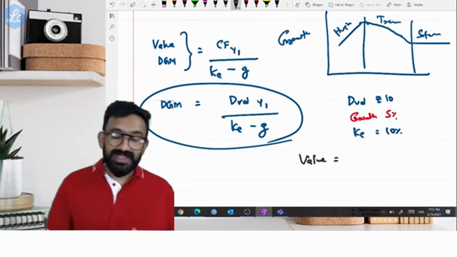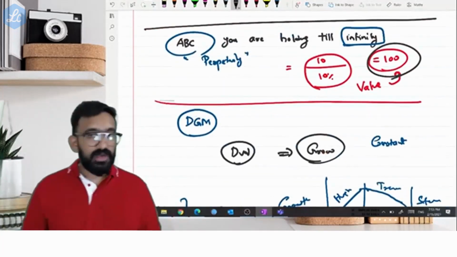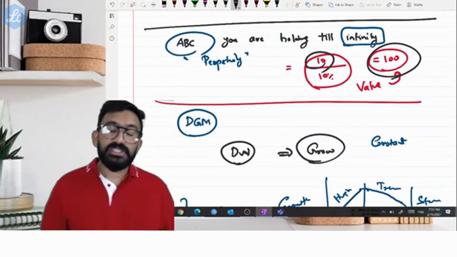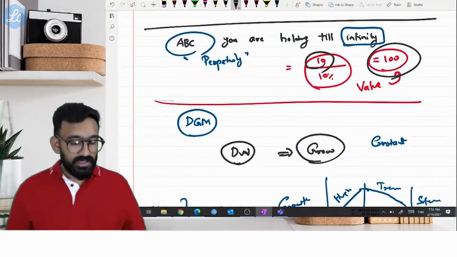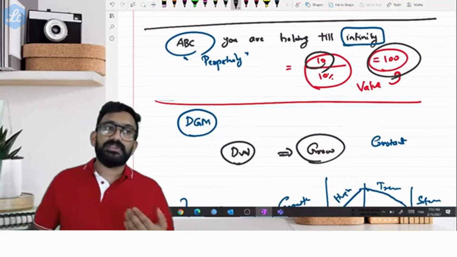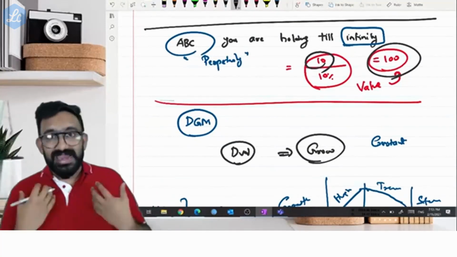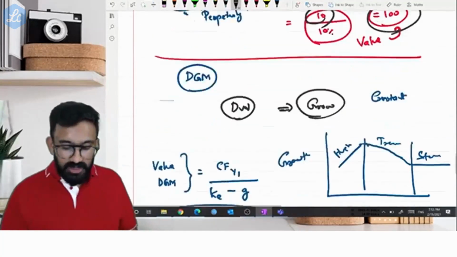Can you assume that the value would be the same as 100? No, the value cannot be 100, because that would be the value if somebody is giving you only 10 rupees as dividend. If somebody is going to give you 10 rupees with an annual growth of 5%, then you should ideally be ready to pay more than 100 rupees for this share.